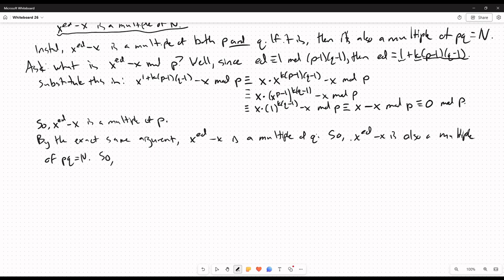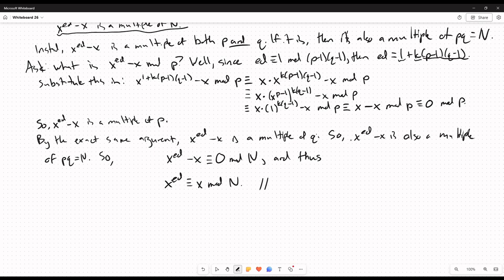So going backwards, we have that x to the power of ed minus x is equivalent to 0 mod n, and thus x to the power of ed is equivalent to x mod n. And that's really what we wanted to show.